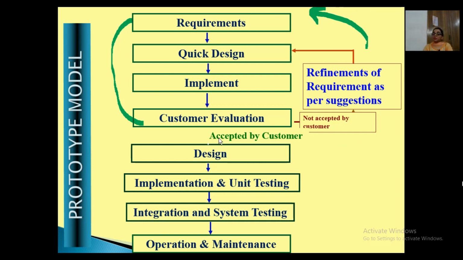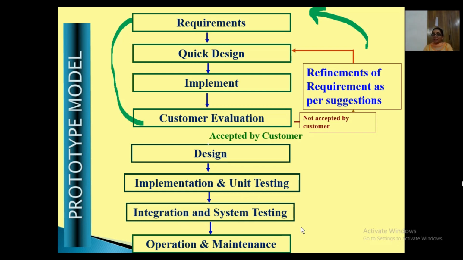Once the prototype is accepted by the customer, meaning the customer has fully approved your prototype in terms of both functional and non-functional requirements, then only the final design is made, then implementation and unit testing is done, integration and system testing is done, and operation and maintenance is done.